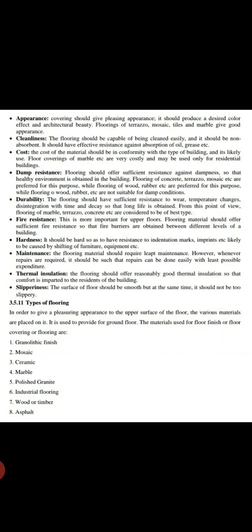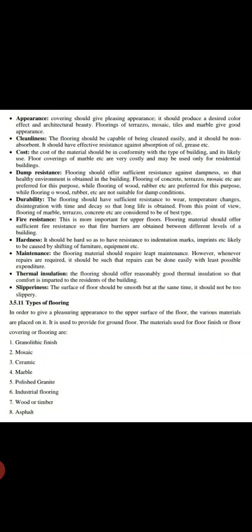Slipperiness. The surface of the floor should be smooth, but at the same time it should not be too slippery. Type of flooring. In order to have a pleasing appearance, various materials are placed on the upper surface of the floor. It is used to provide it for a ground floor.